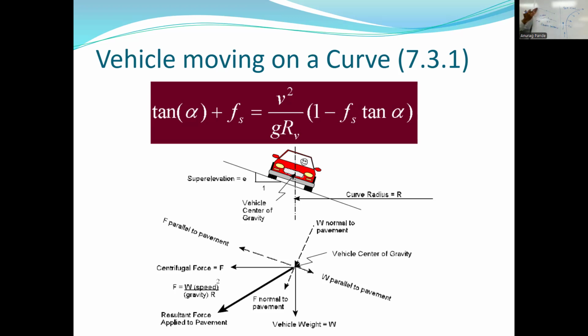So this is the outer edge, and this is the inner edge. And you raise the outer edge of the roadway so that you're providing a force inward for your curvature, so that there is a gravitational pull that takes you inward and you're able to maintain your path as a driver, or it makes it easier for you to maintain that path.